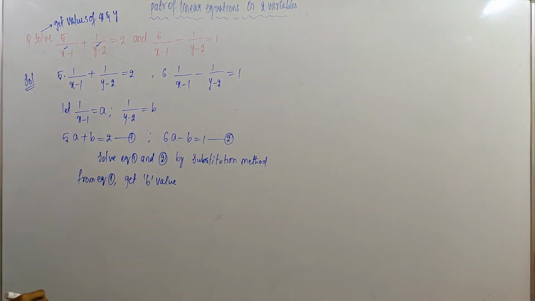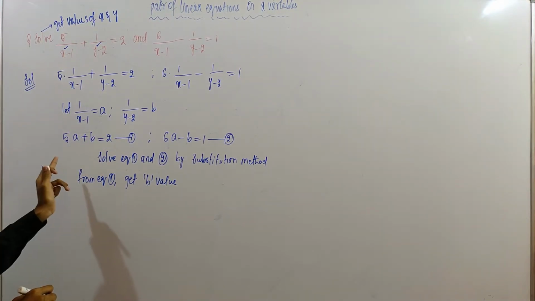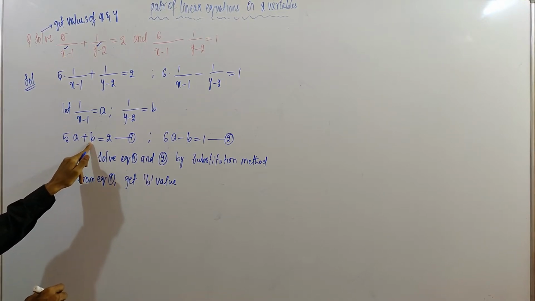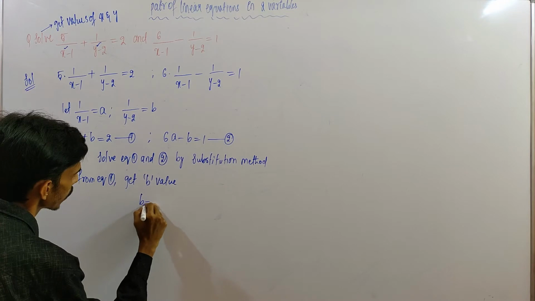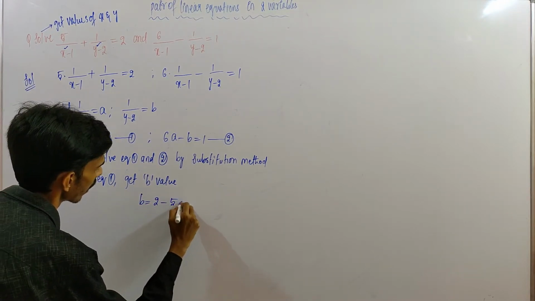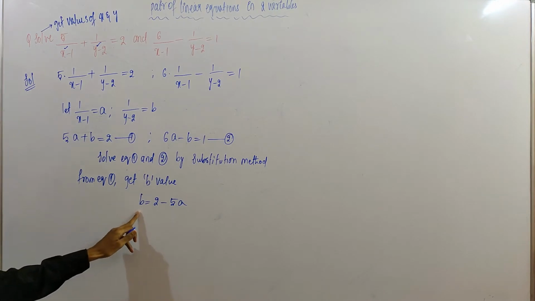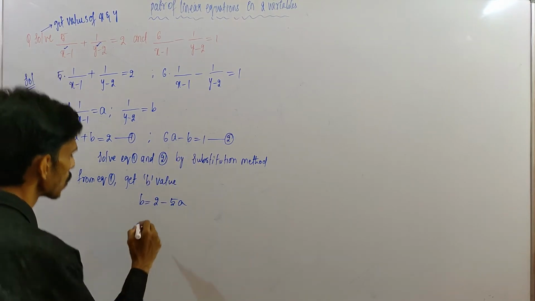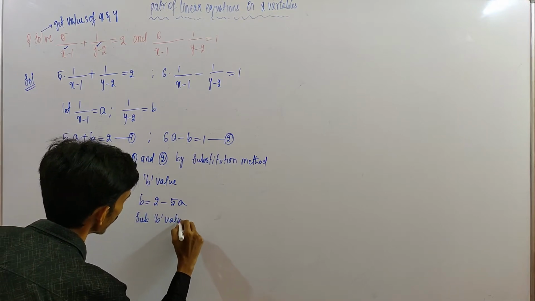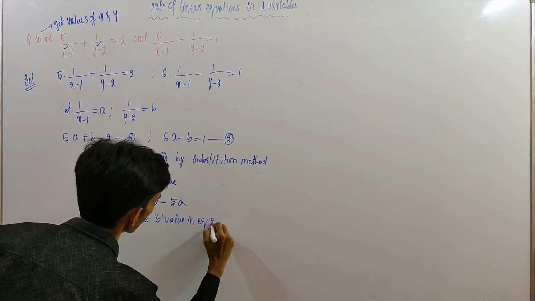Out of a and b, select the variable which has coefficient 1. Here we have 1b, so select b. b is equal to 2 minus 5a. Substitute this b value in equation 2.